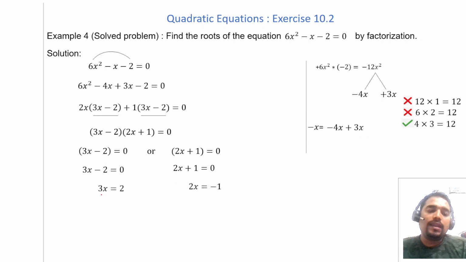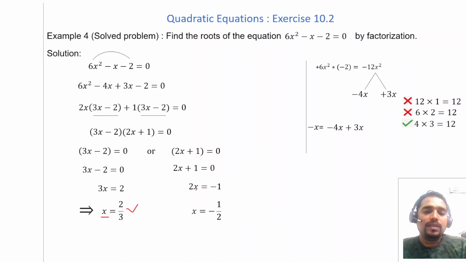Then we get 3x is equal to plus 2, that is minus 2 upon transpose has become plus 2, and plus 1 upon transpose becomes minus 1. So 3x is equal to 2 or 2x is equal to minus 1. Which implies x is equal to, since 3 is getting multiplied by x here, x would be equal to 2 by 3.